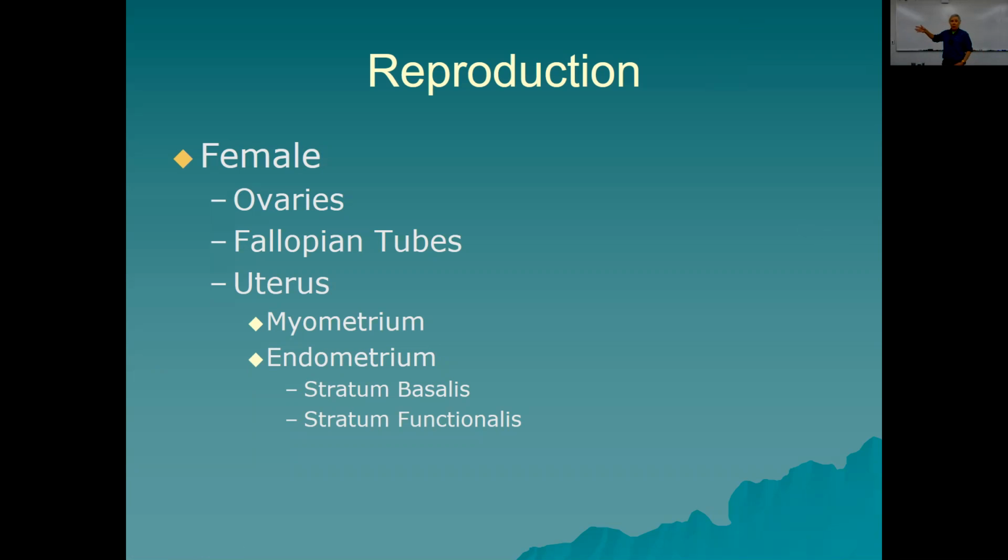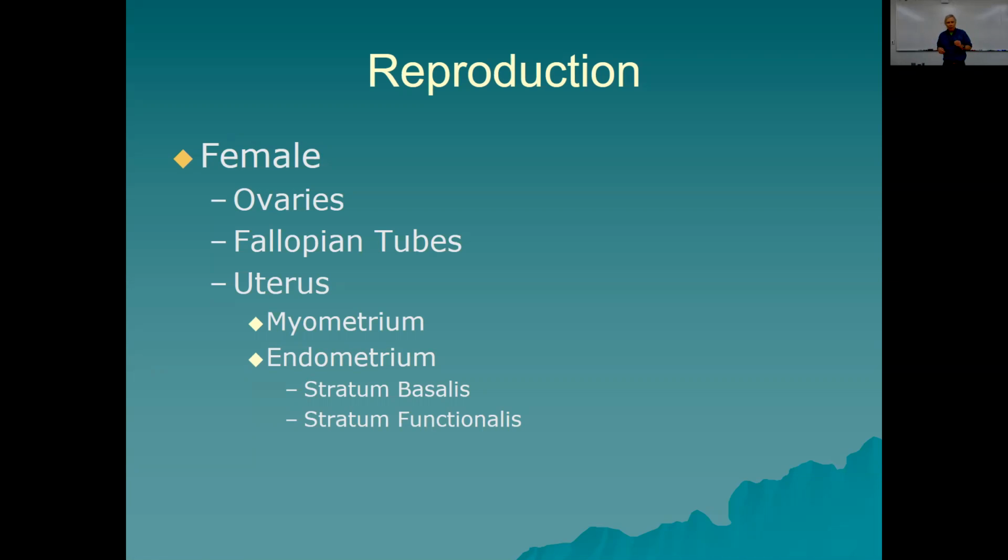We're talking about the major female organs: the gonads, ovaries, fallopian tubes, and the uterus, with the myometrium, which is the smooth muscle layer, and the endometrium, which is the lining of the uterus.